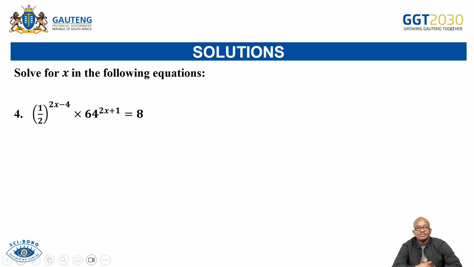We always need to understand our exponential rules for us to be able to solve this type of question. So now we are having number 4, which is 1 over 2 to the exponent of 2x minus 4, multiplied by 64 to the exponent of 2x plus 1, it's equal to 8.